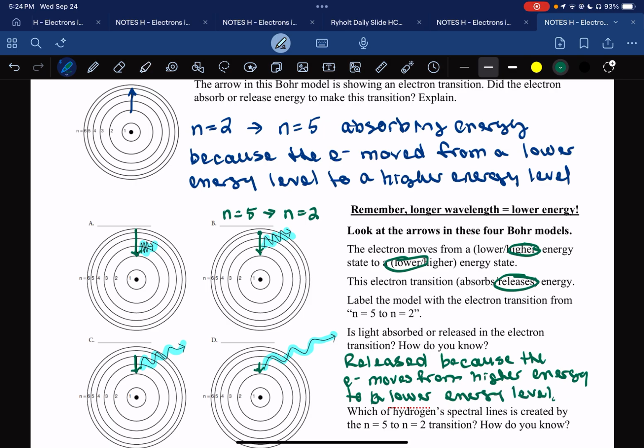All right, and we can see that we have a photon of light that's heading out of here. That is what's being released there.